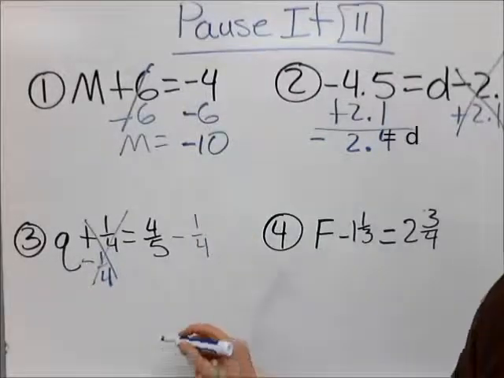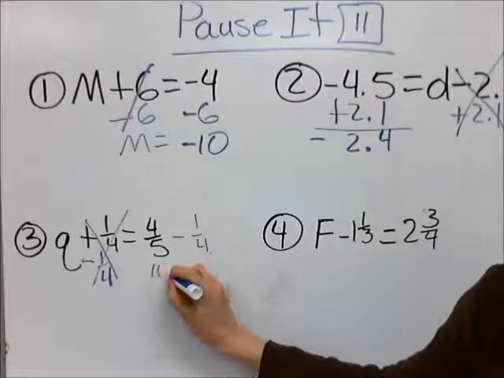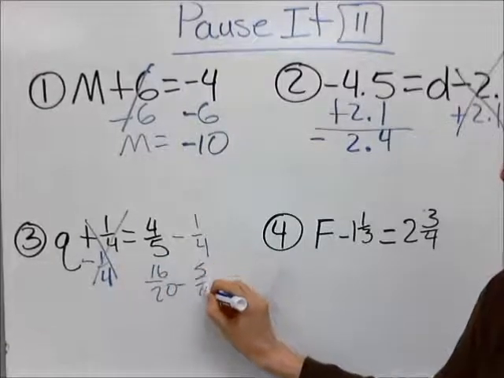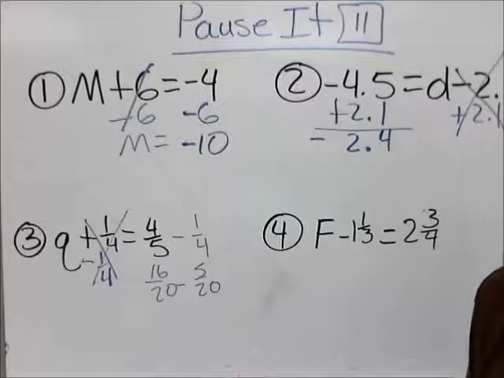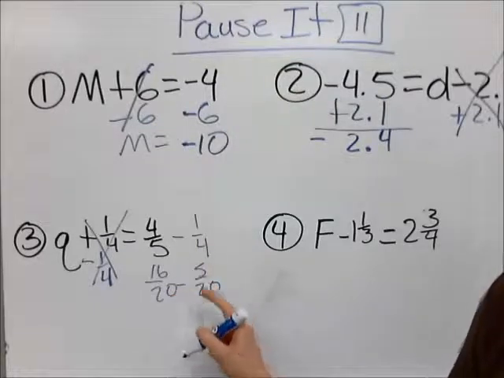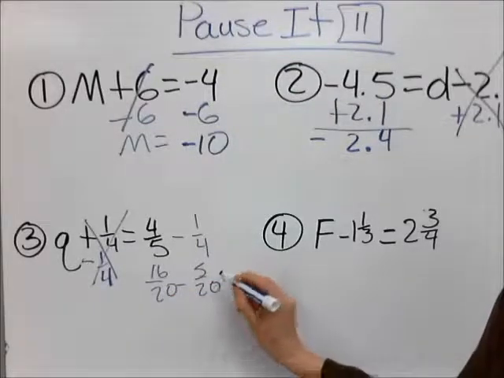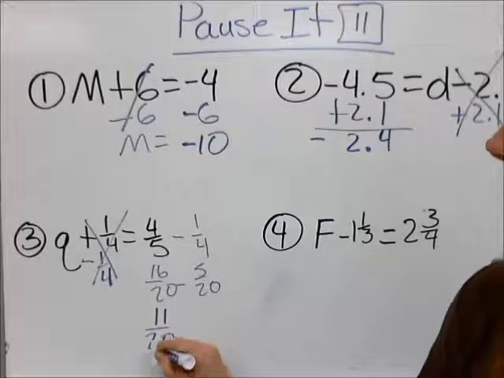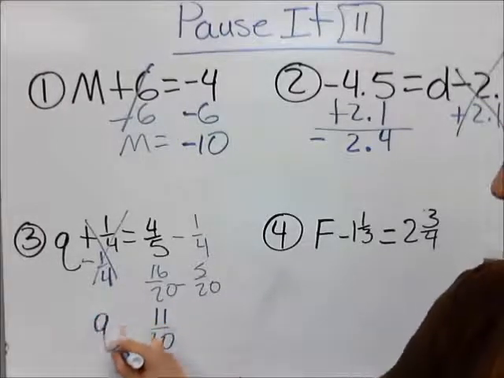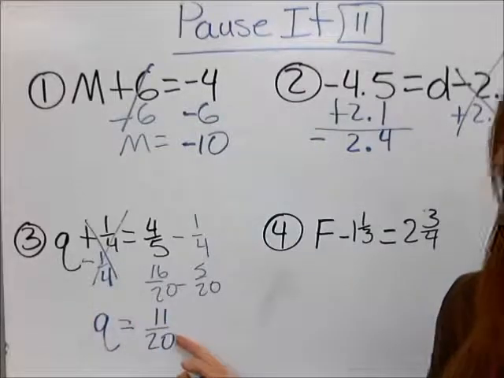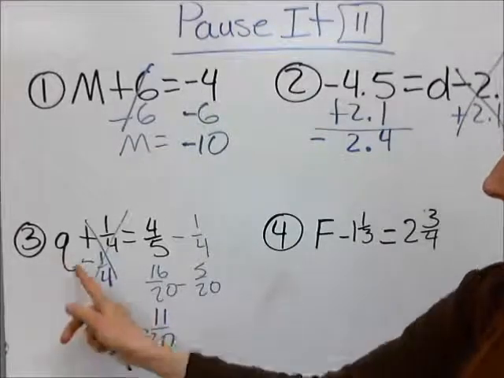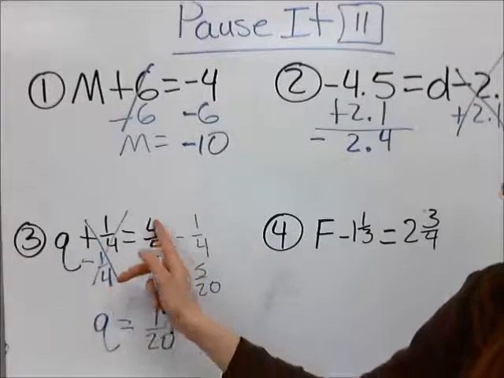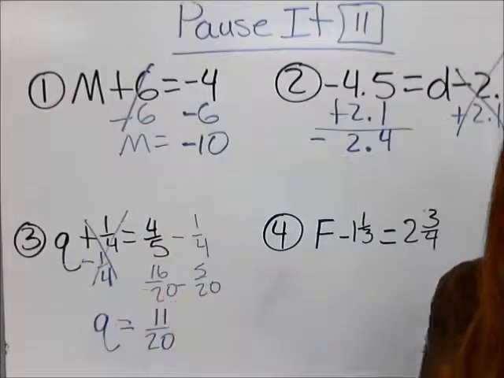All right, when I do that, I need to get common denominators. 16/20 minus 5/20, because 20 is a good common denominator, least common multiple between 5 and 4. 16 minus 5 equals 11/20. So if I plug 11/20 in, I have 11/20 plus 5/20, which would be 16/20, which reduces to 4/5. So that would be correct.